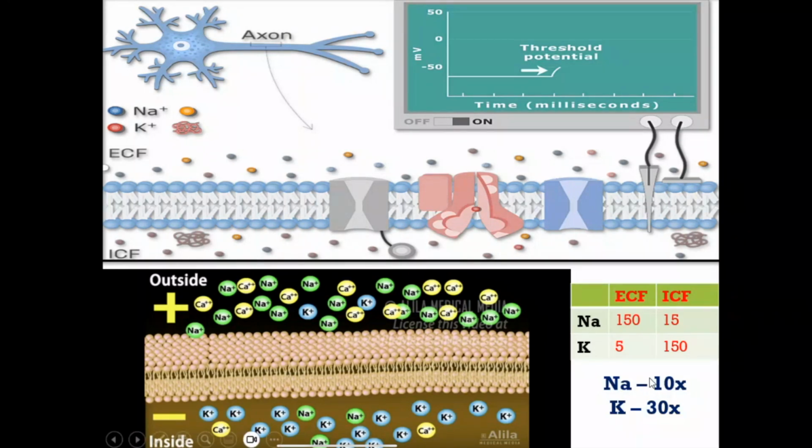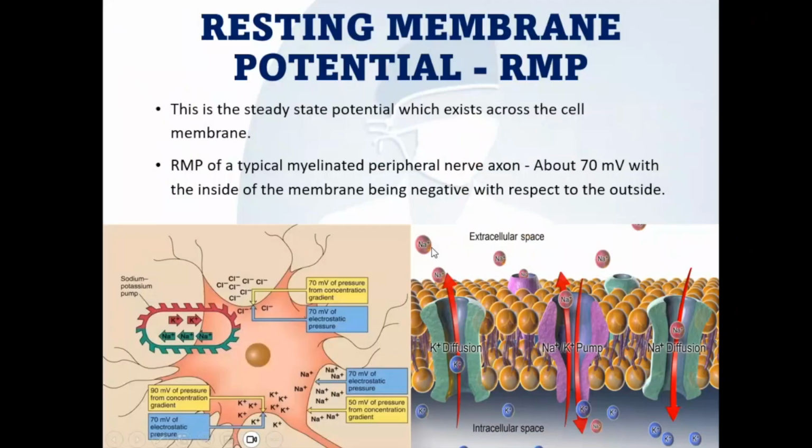At this point, what we want to talk about is the differences between sodium and potassium. Before we go into the depolarization, the spike of the action potential, we talk about the resting membrane potential. When there is no movement of ions, the axon is at rest, and it creates a membrane potential called the resting membrane potential.